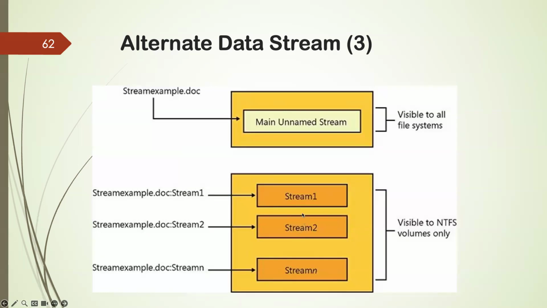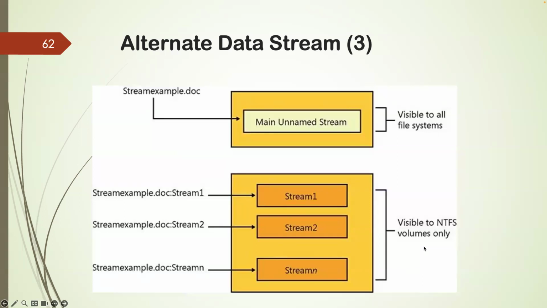You can create as many streams as you want, and in those streams you can have other data runs, or run lists, or other sets of clusters that contain the hidden data. You can name these streams stream 1, stream 2, stream 3, and so on. These will be visible to the file system only, but from the user perspective, the operating system will not be able to see them.